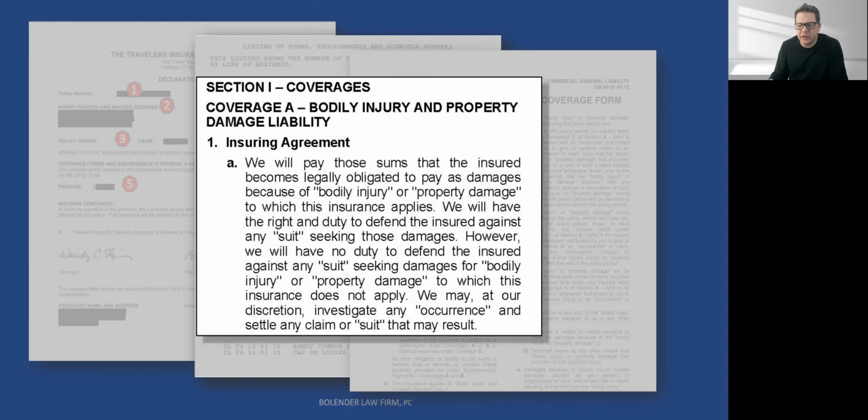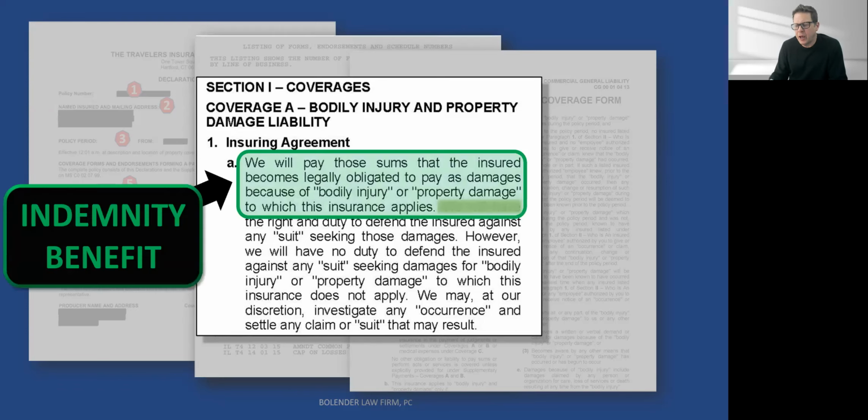The coverage is then narrowed and tailored to the specific underlying underwriting intent through the use of multiple exclusions. And those appear later in the policy. We'll get to exclusions in a few minutes.